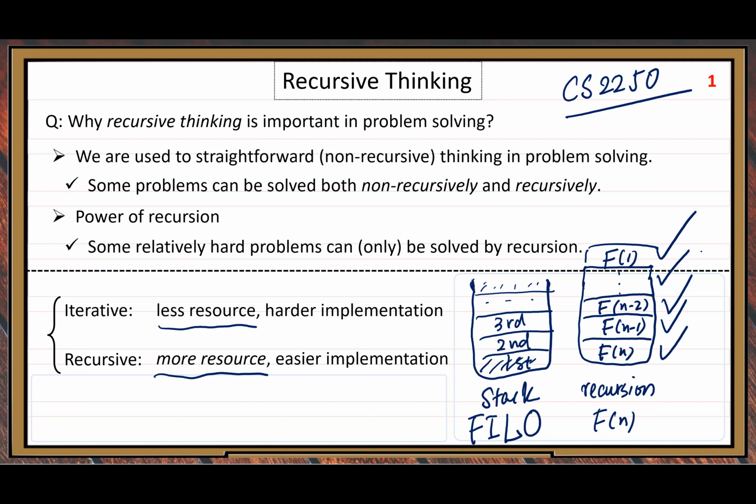It could slow down your algorithm if too much memory resource is consumed. So that's the biggest drawback of recursive algorithms. That's the price. You have to pay this much cost to get its power.